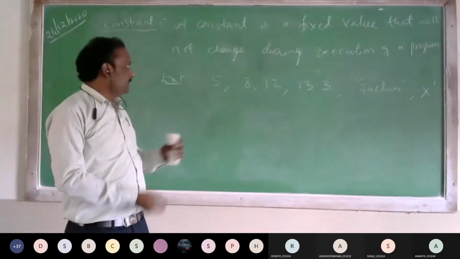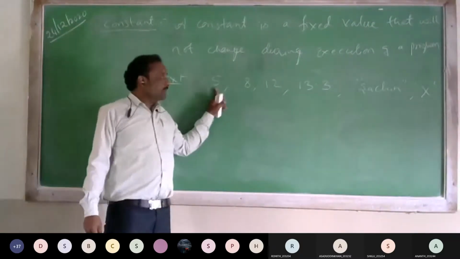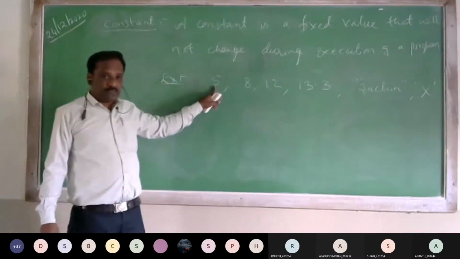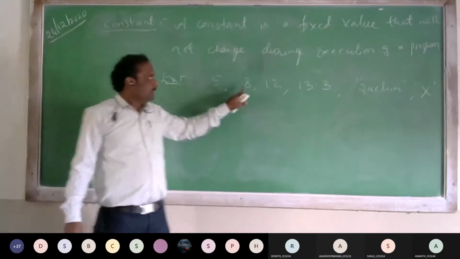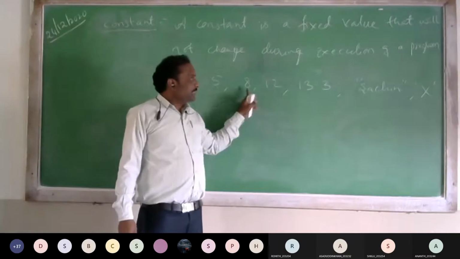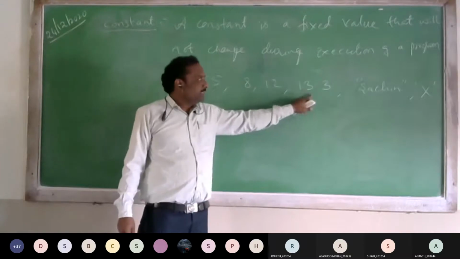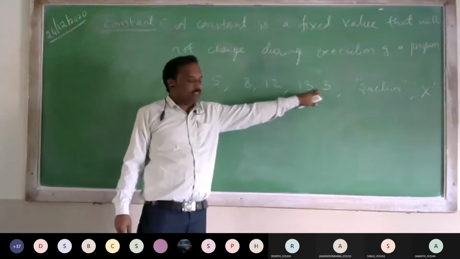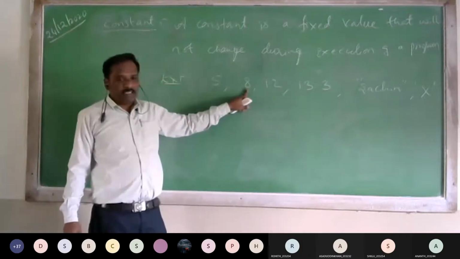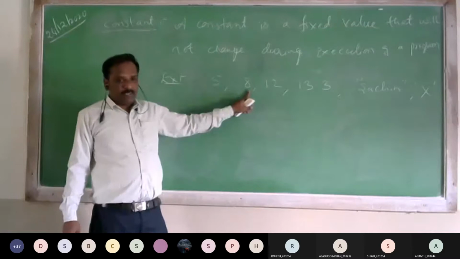A constant is a fixed value. Like 5. 5 is an integer value. So wherever we use 5, it remains the same. 8 is a constant. 13.3: if it contains a fractional part, then we call this a real constant. If it contains only an integer part, then we call it a decimal constant.